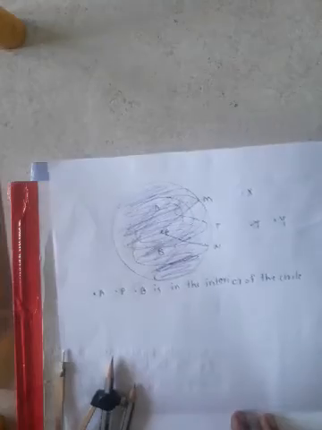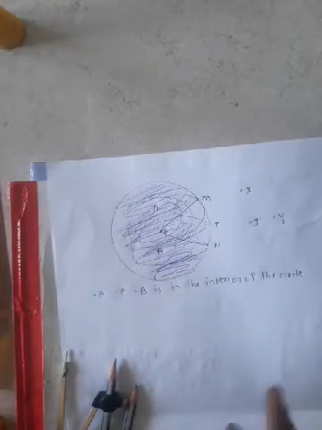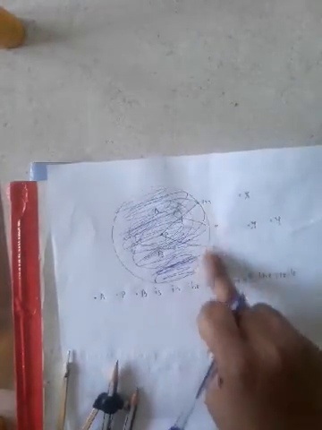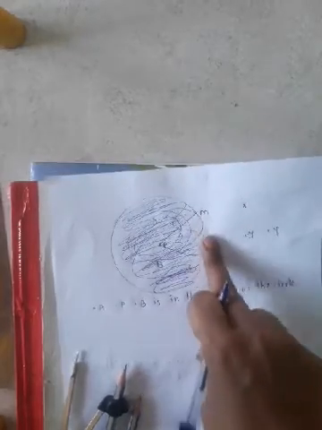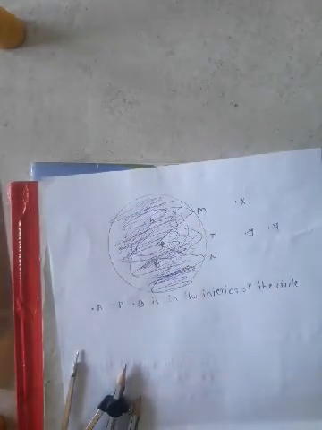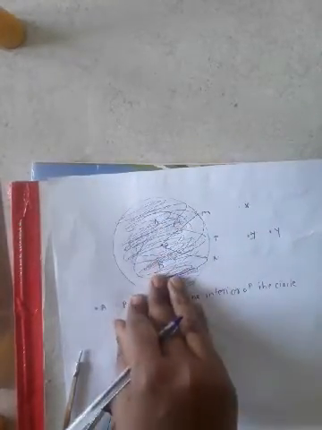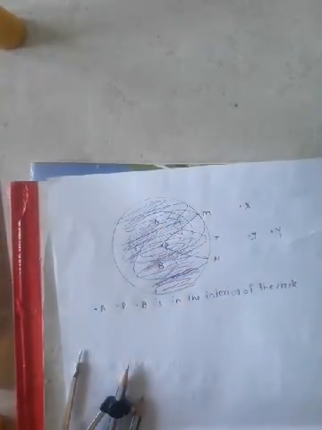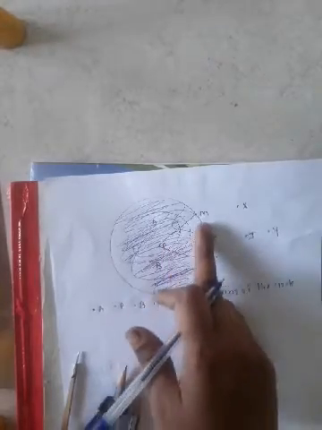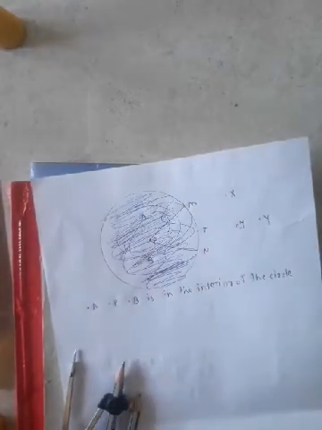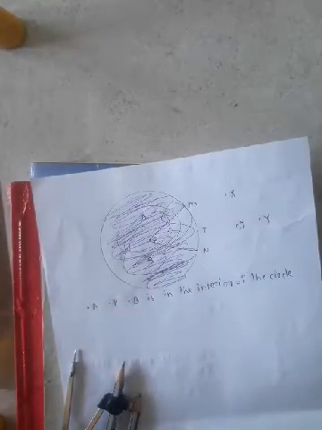The portion MTN of the circle is an arc of the circle. You call this one an arc of the circle. All of you understand? APB is the interior of the circle, XY is the exterior of the circle, and MTN is the arc of the circle.